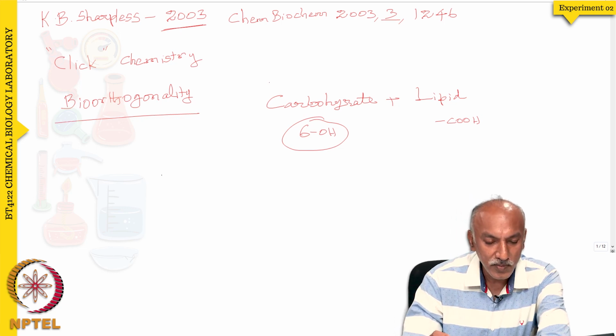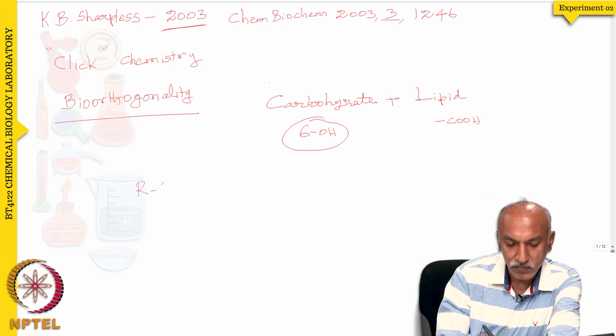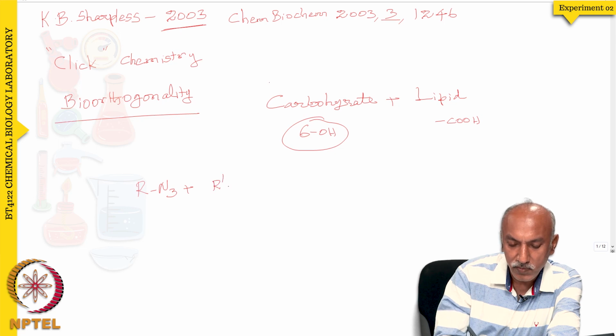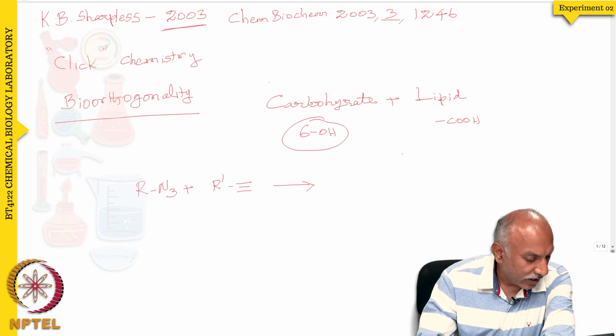Click chemistry is nothing but a reaction of an azide with an olefin that leads to the formation of triazole.